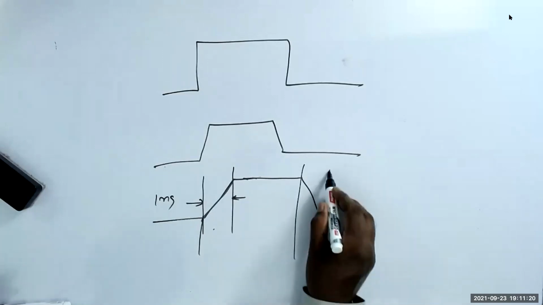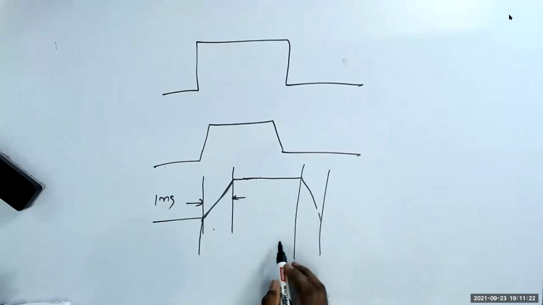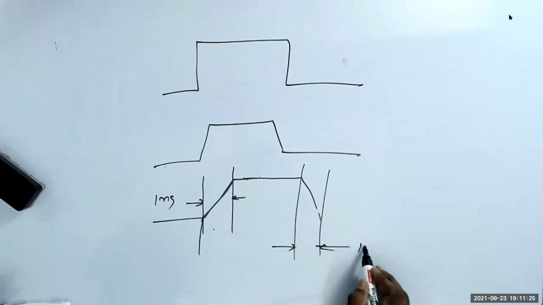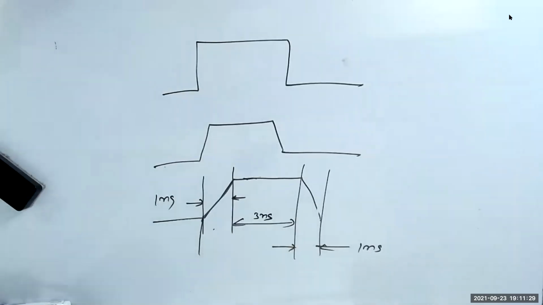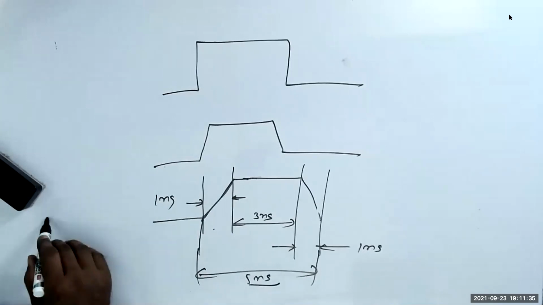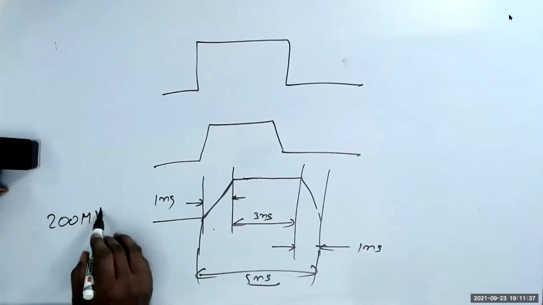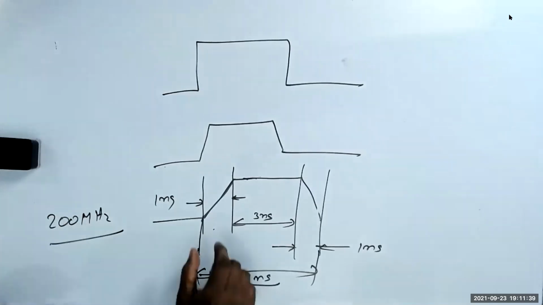This is 1 nanosecond, and this is 1 nanosecond, and this is 3 nanoseconds. Understand? Totally 5 nanoseconds. So when I have a 200 megahertz clock, now the 1 nanosecond is too big.